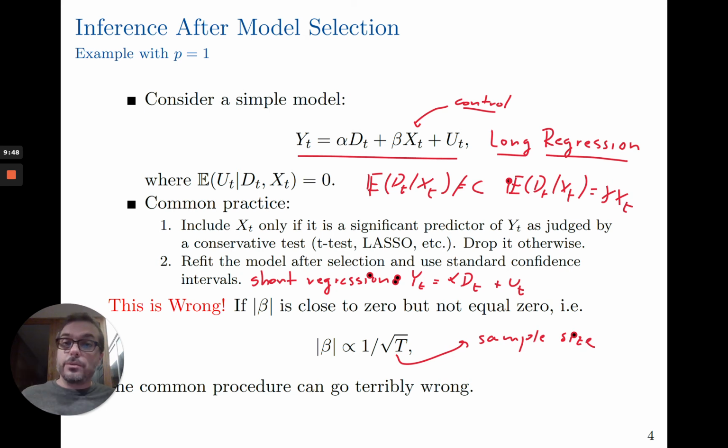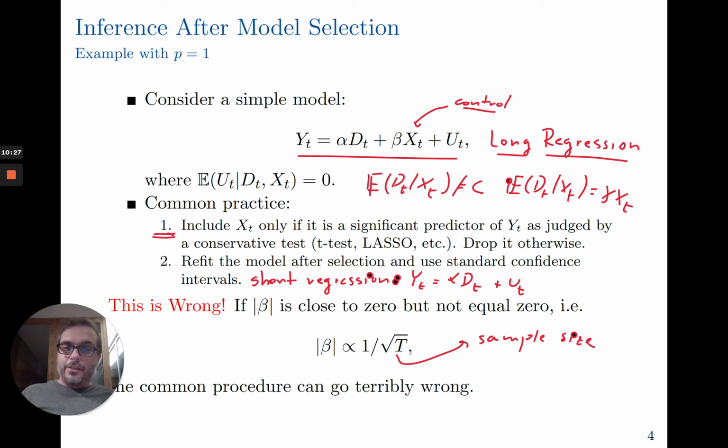If we want to estimate the causal effect alpha, and we wrongly remove x, then we have a problem. And why is it going to be a problem if we try to use this first step here, conducting model selection? Because usually model selection techniques such as the lasso will set beta to 0 if beta is small.